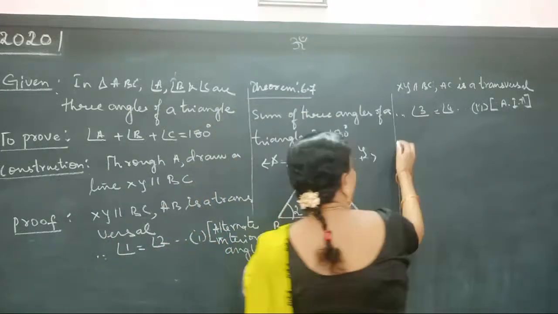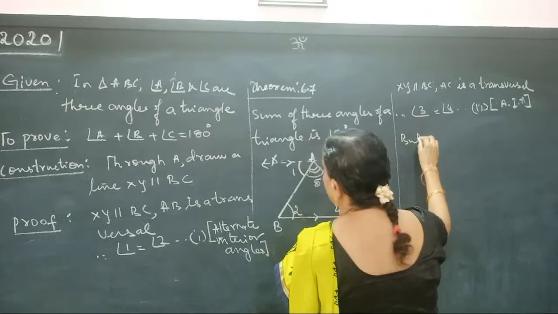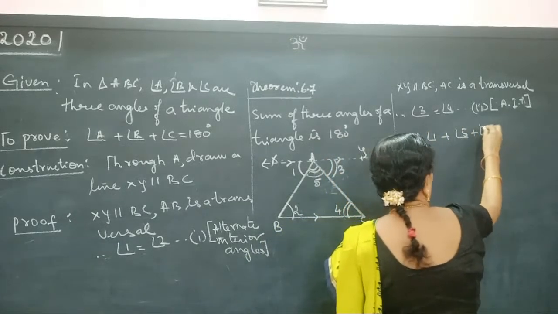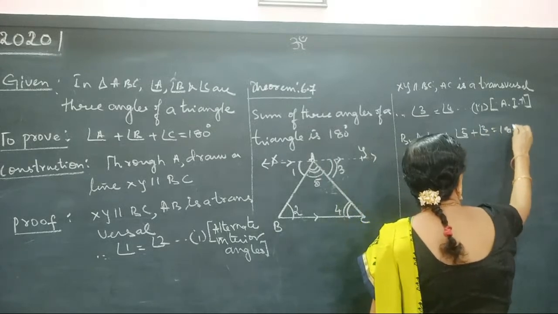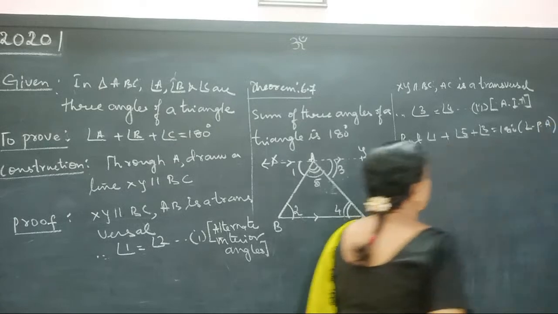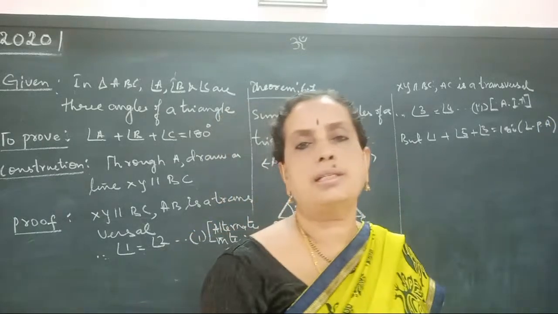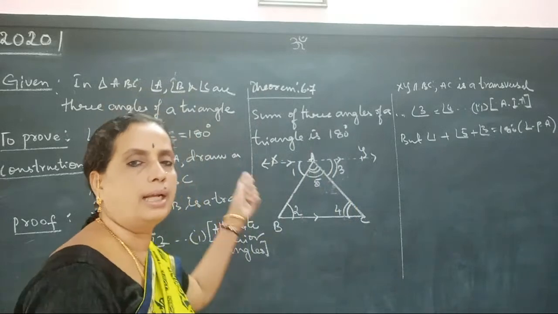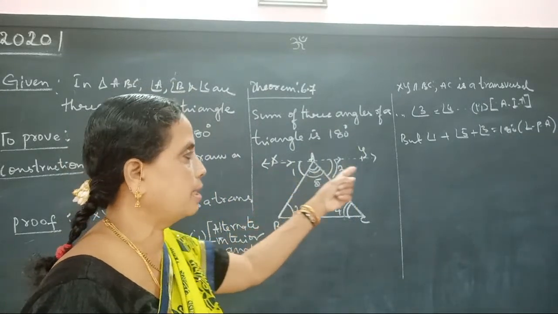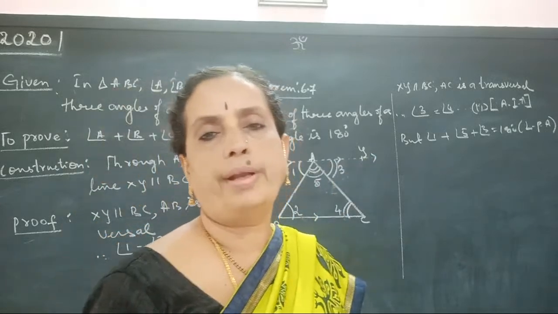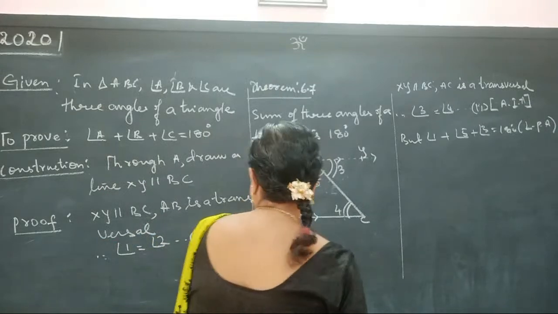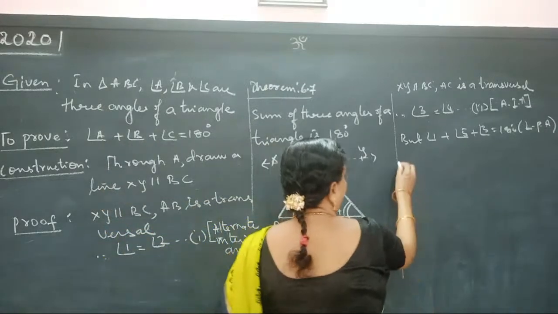Next. But angle 1 plus angle 5 plus angle 3 equals 180 degrees, linear pair angles. Sum of the angles at the vertex: angle A plus angle 1 plus angle 5 plus angle 3 equals 180 degrees. Next, we can replace 1 by 2 as per result 1.